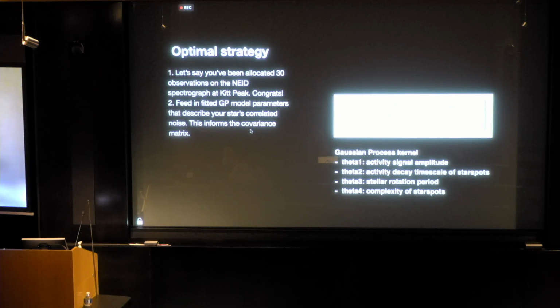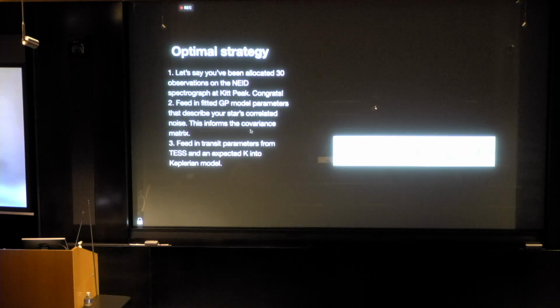And so the main ingredients here are your activity signal amplitude, your activity decay time scale. So how long-lived are your star spots? Your stellar rotation period. So how every so often does your star spot come back around? And finally, the harmonic complexity of the star spots. This one's a little bit less physically motivated.